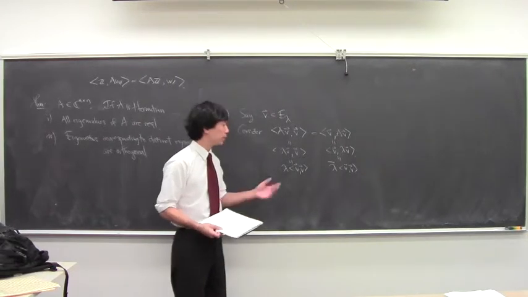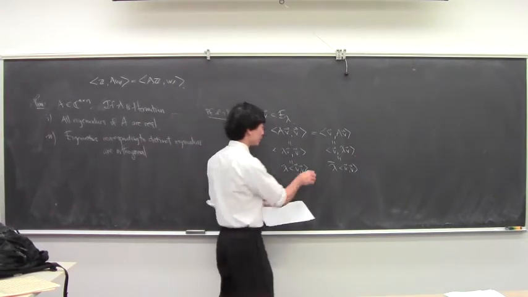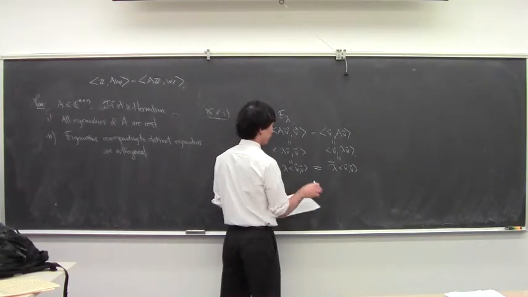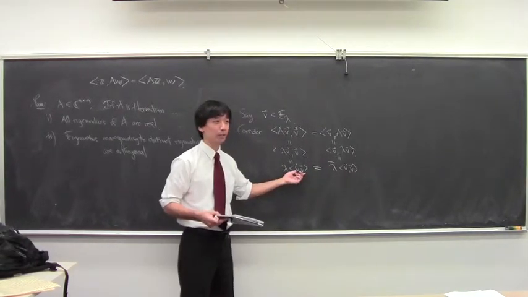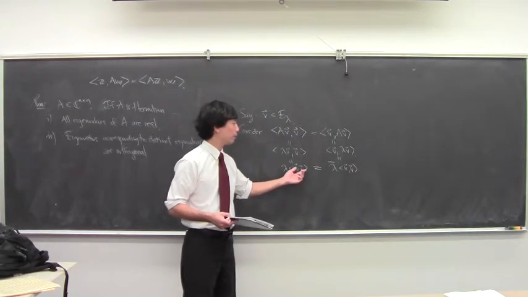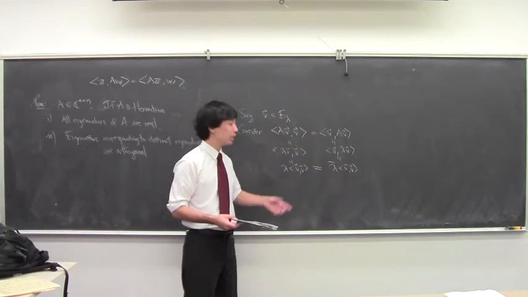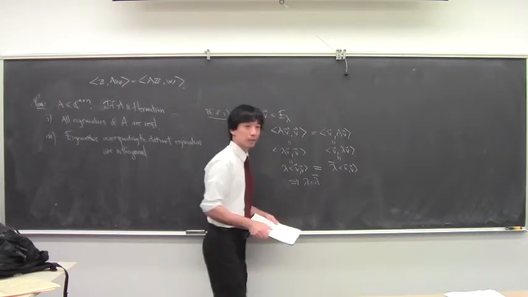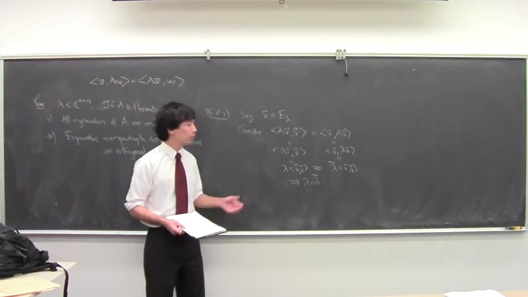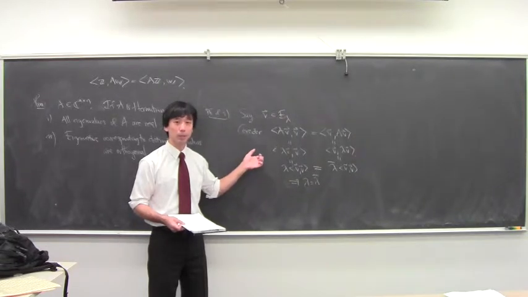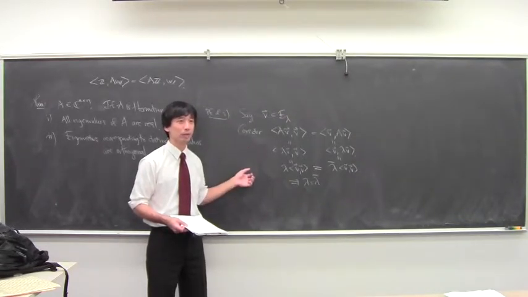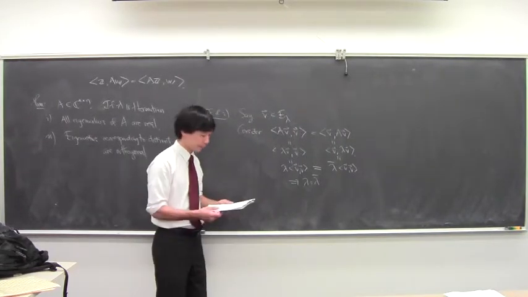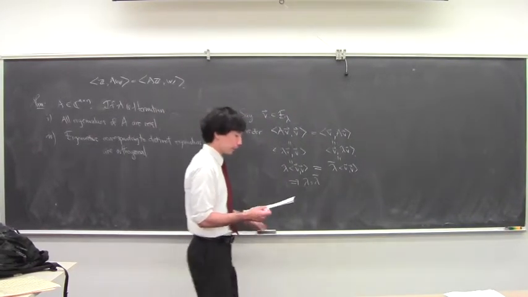V is a non-zero vector, so we can divide by the magnitude of V on both sides, and we see that lambda must equal its complex conjugate. The only numbers that equal their complex conjugate are real numbers, because if it's not real and you reflect it, you get something different. Okay.